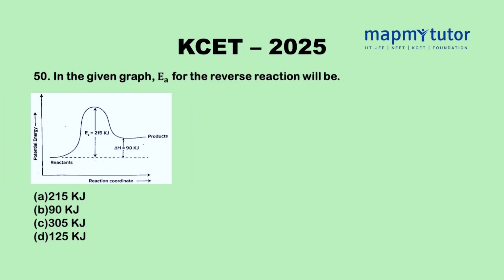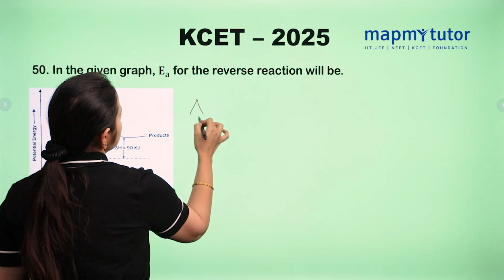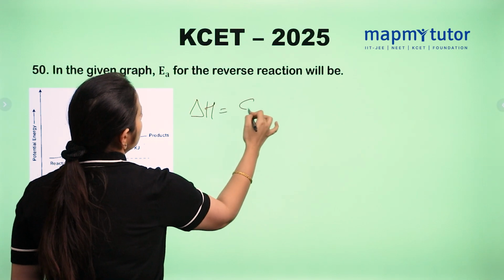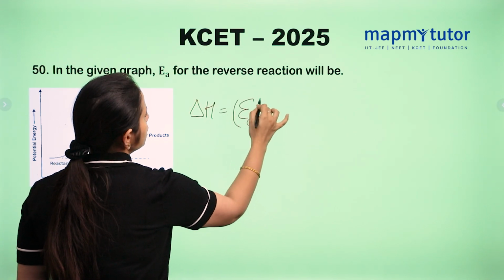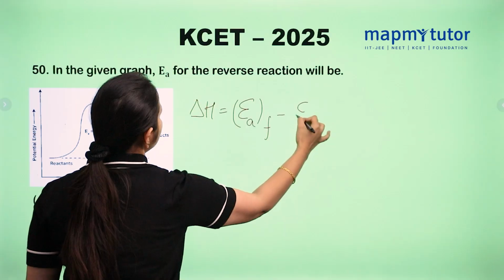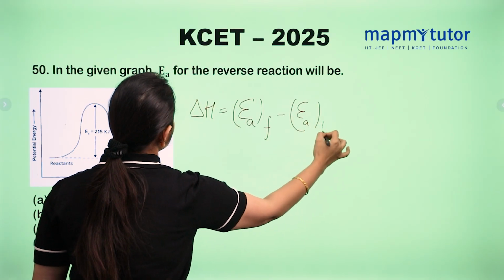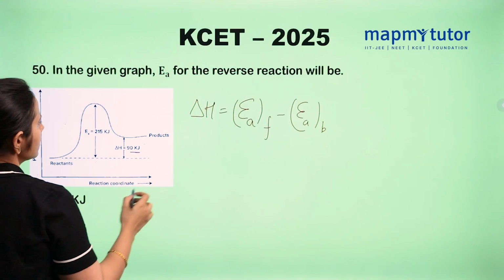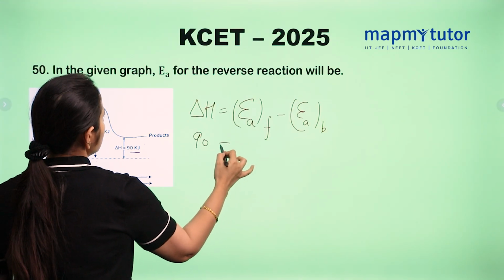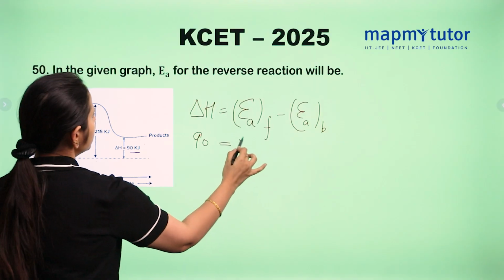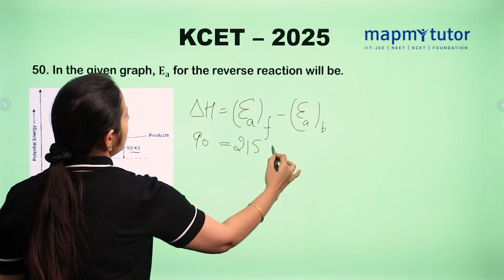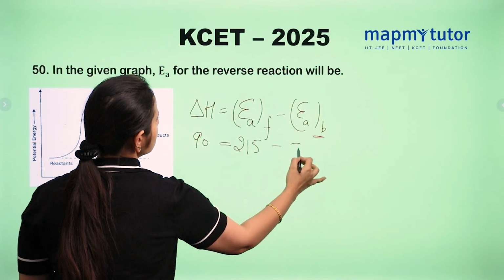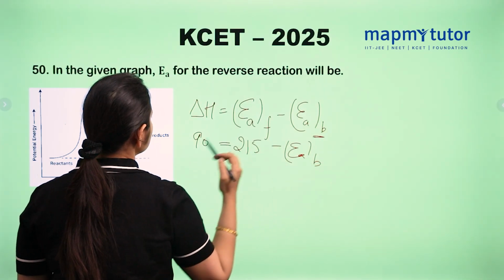In the given graph, activation energy for the reverse reaction will be, so the formula is delta H is equal to E activation of forward minus backward reaction. This is very simple calculation. See, the value of delta H is given. This is 90. For forward, it is 215 kilojoule. Minus, we need to calculate this activation energy for the backward reaction.